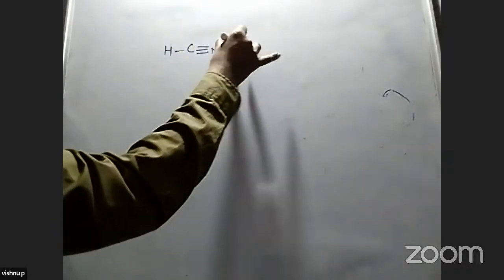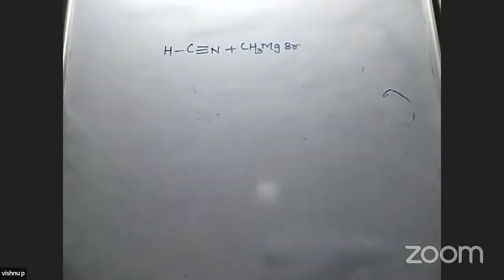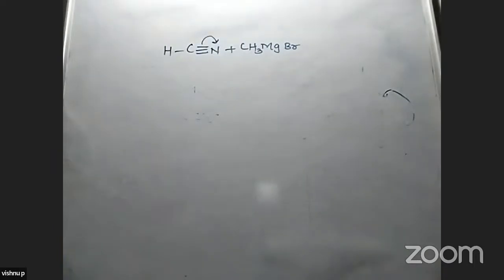And one more preparation method is from hydrogen nitriles. We take the example of hydrogen cyanide reacting with a Grignard reagent. The electrons are transferred to nitrogen because nitrogen is more electronegative compared to carbon.